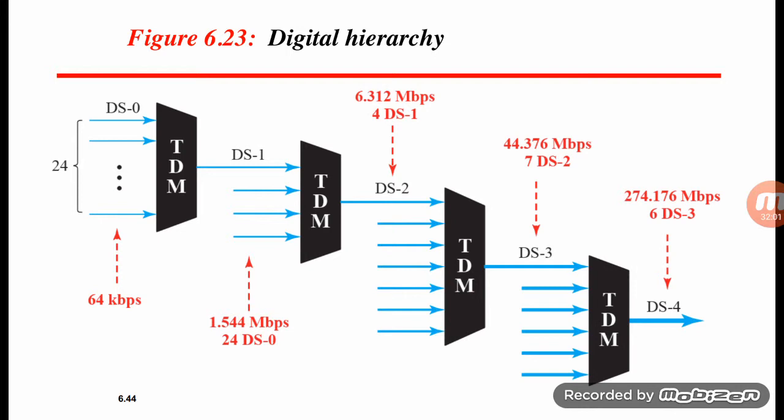So by combining 24 DS0s you get one DS1. Then you combine them and you get DS2 with 6.312, and then DS3, DS4, and so on. This is something similar to what we did in frequency multiplexing, but that was for analog signals. This is for digital data.